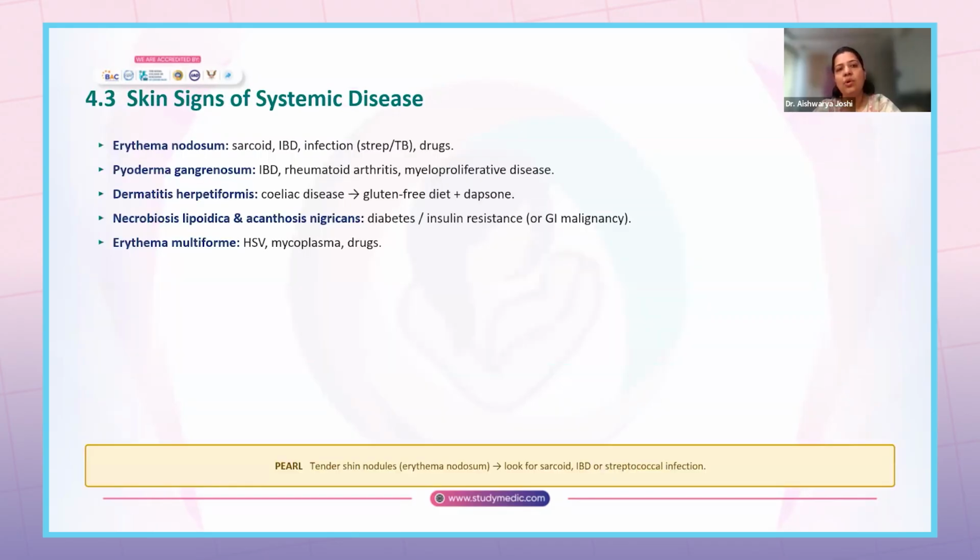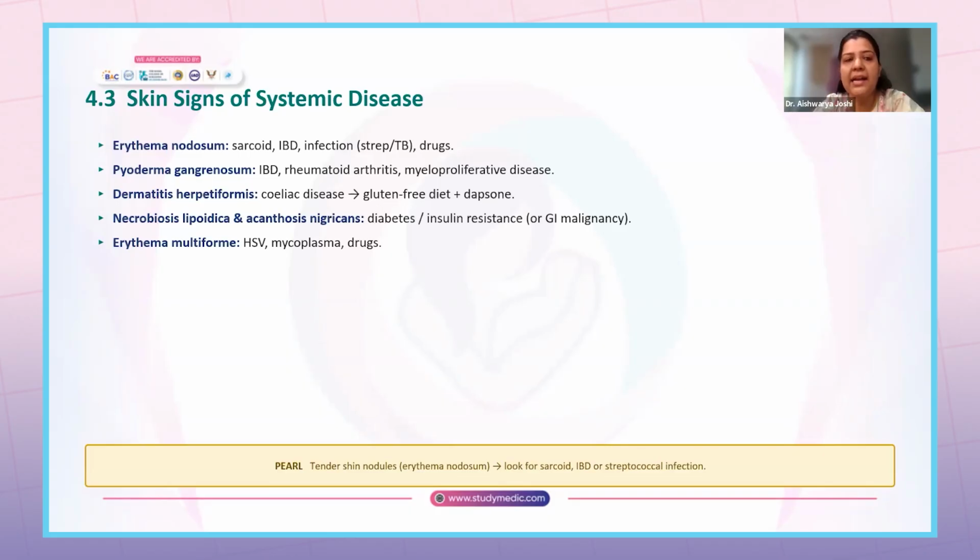Now, coming to signs of systemic disease in dermatology: erythema nodosum, painful skin lesions common on the shin of the legs. It is seen in sarcoidosis, inflammatory bowel disease, infections like streptococcal or tuberculous infection, and drug-induced. Pyoderma gangrenosum: from an MRCP point of view, remember only IBD and rheumatoid arthritis.